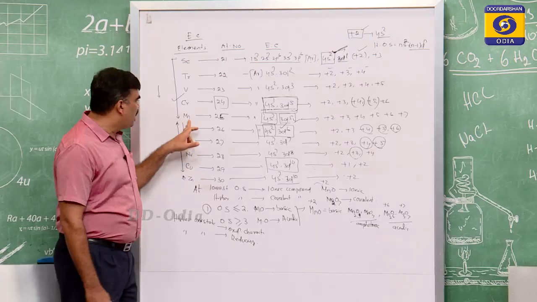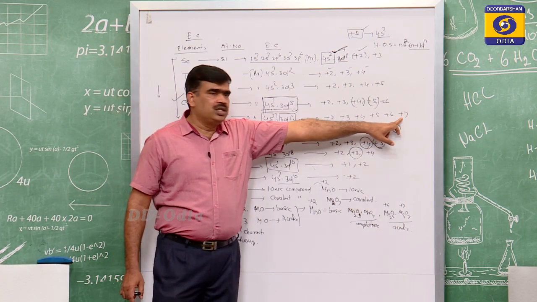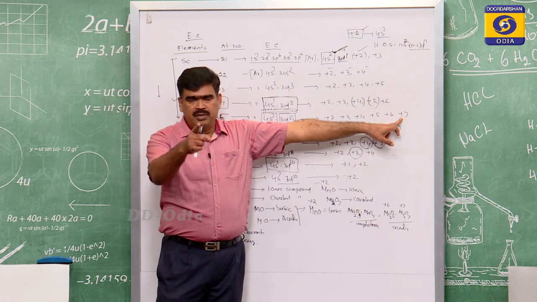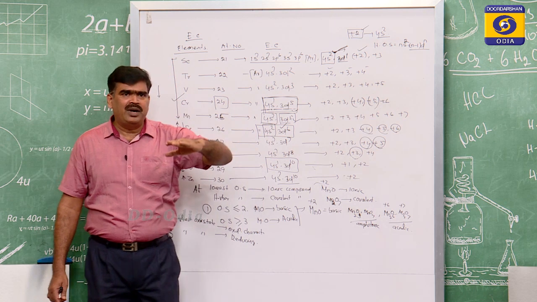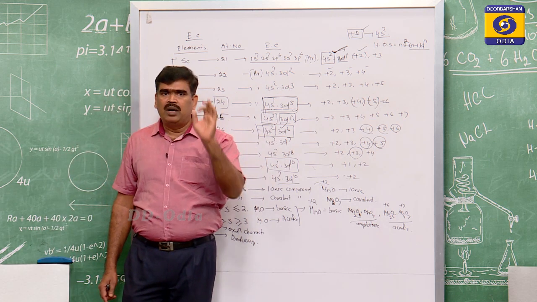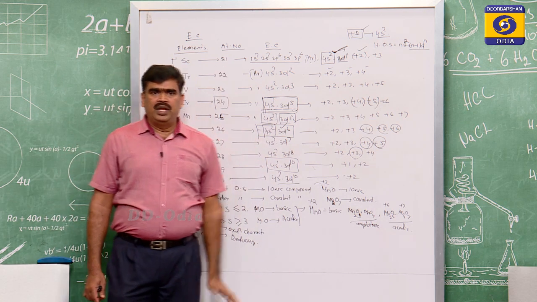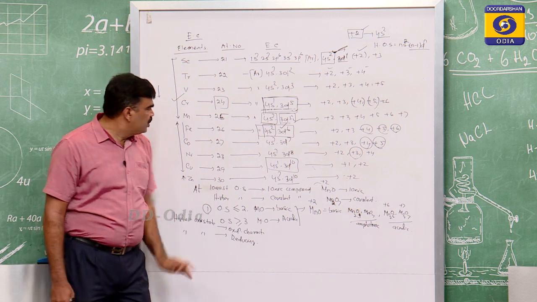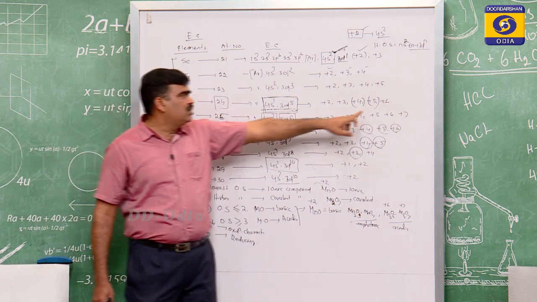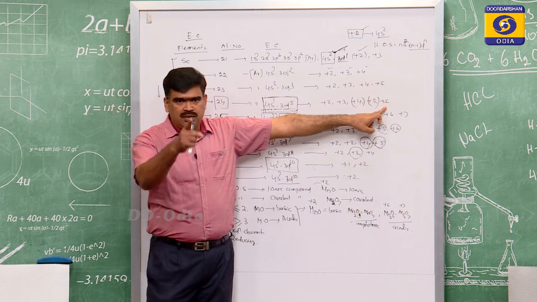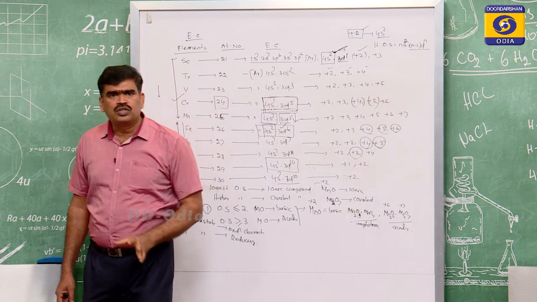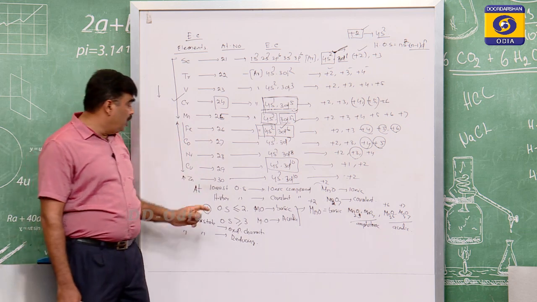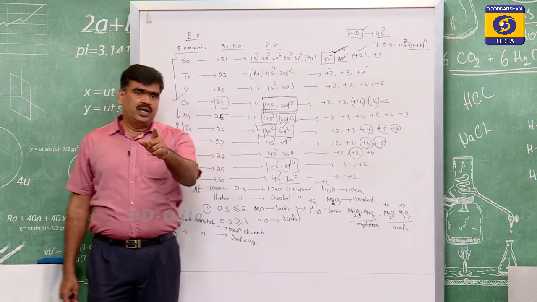That is why potassium permanganate, where oxidation state of manganese is +7, is a very strong oxidizing agent, both in acid medium, in alkali medium, and in neutral medium. You have already read it in your first year class. So similarly, chromium shows the maximum oxidation state of +6, hence potassium dichromate, chromic acid, all are very good strong oxidizing agents. And at lower oxidation state, they show reducing character.